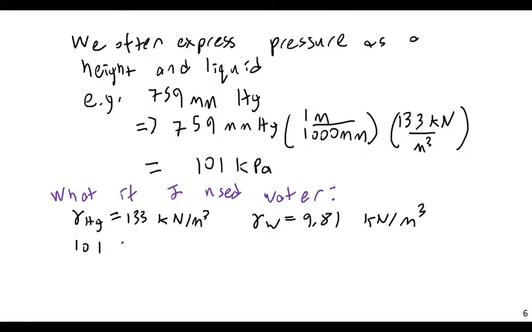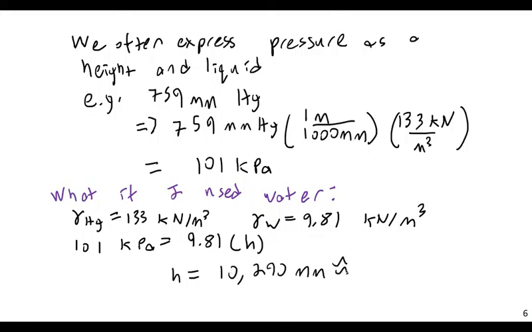So 101 kilopascals is equal to, using the same P atmospheric equals gamma H equation, 9.81 times the height H. And if you do this, you find that H has to equal 10,290 millimeters, or approximately 10.3 meters, or approximately 14 times the height.